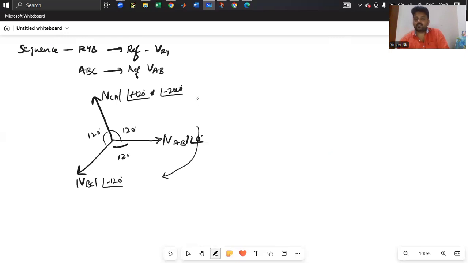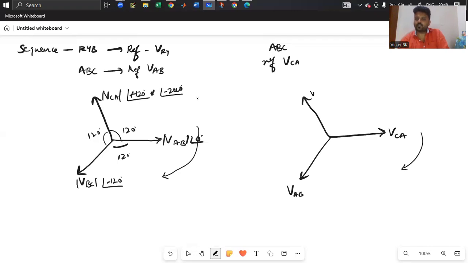For the same case, if the sequence is ABC but reference is VCA, in that case again the same thing, you should start VCA here. This is VCA. Next, the sequence is ABC means clockwise you need to write the line voltages. So after VCA, VAB, then again VBC.